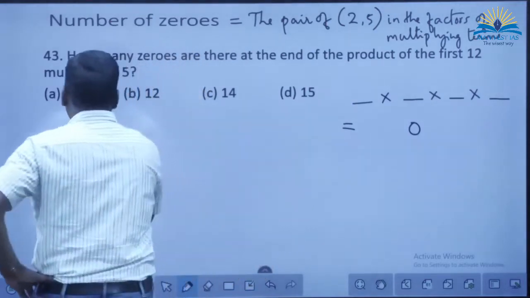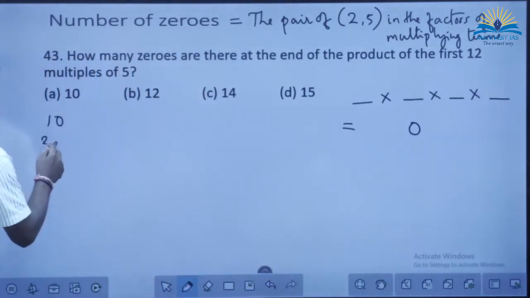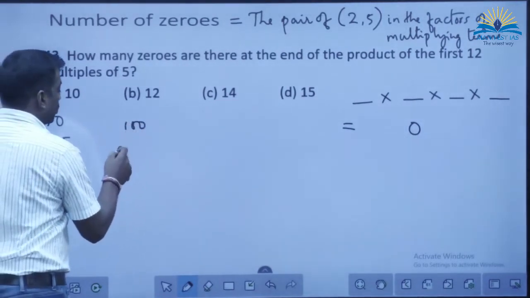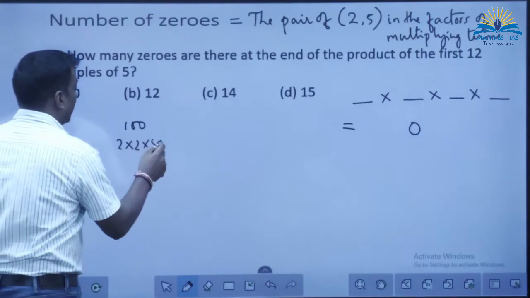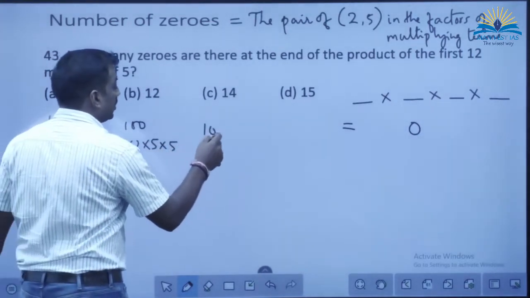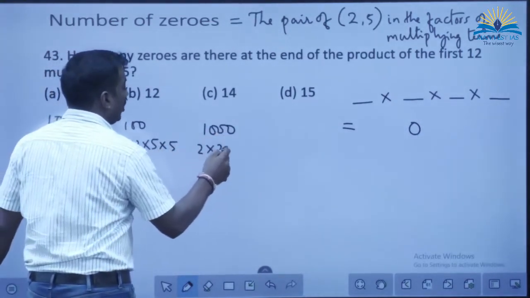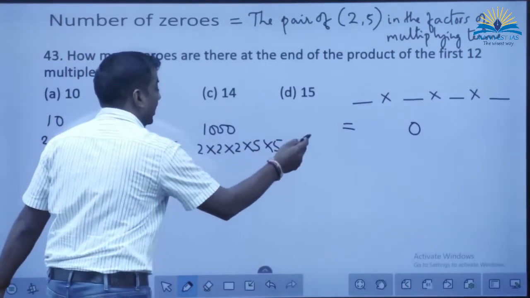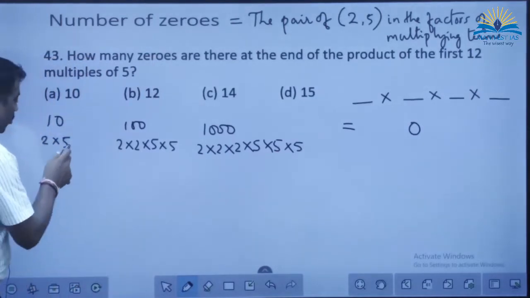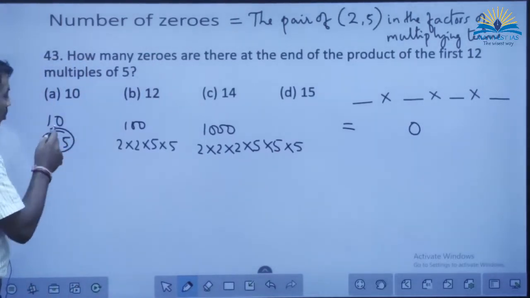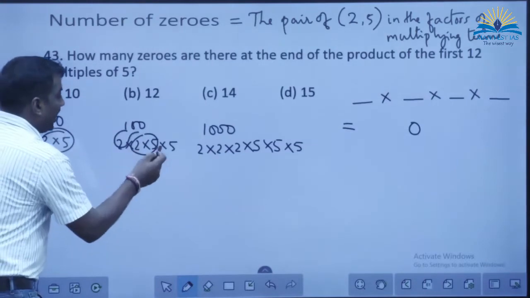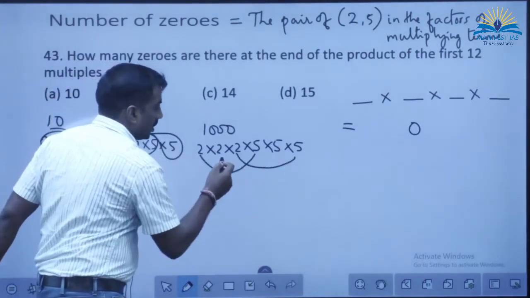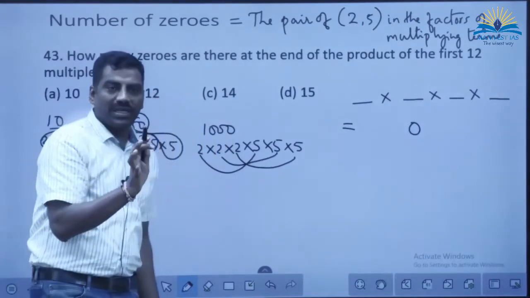See, 10 is 2 into 5, correct? 100 is 2 into 2 into 5 into 5. 1000 is 2 into 2 into 2 into 5 into 5 into 5. Correct? How many pairs? One pair, 1 zero. Two pairs, 2 zeros. Three pairs, 3 zeros. As simple as that.